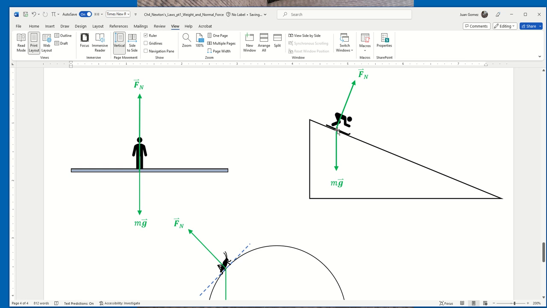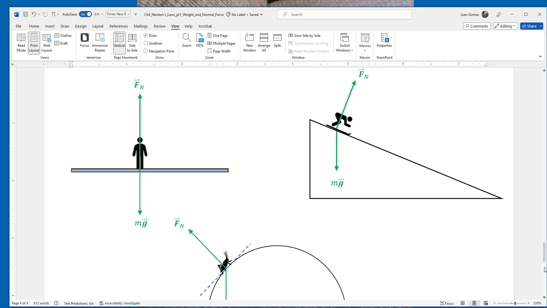That vector Fn is clearly perpendicular to the incline. Remember, in the language of math and physics, normal means perpendicular. And again, every object experiences the weight force, mg. Nothing complicated. The weight of the skier is mg in the negative y direction.